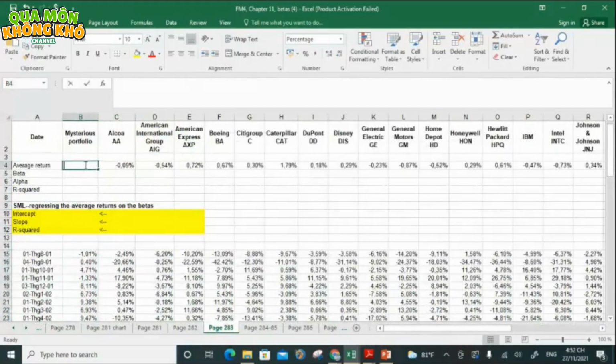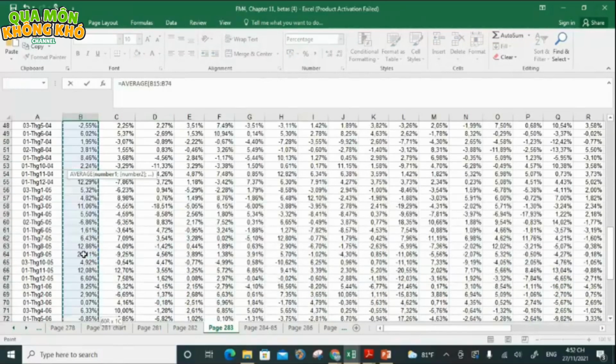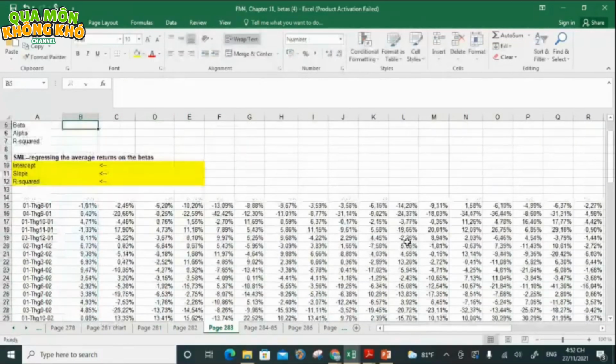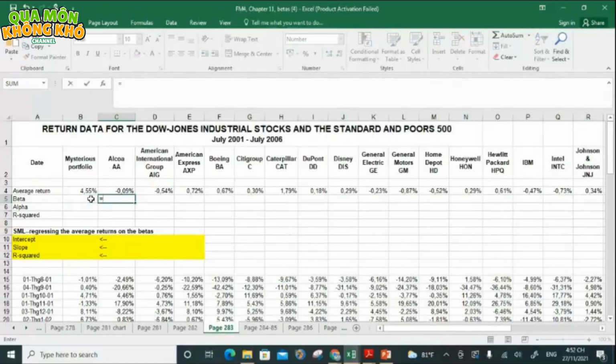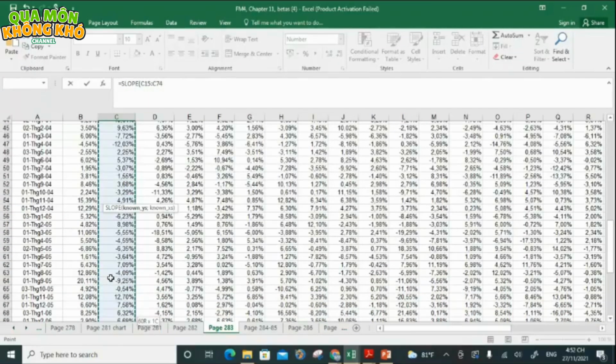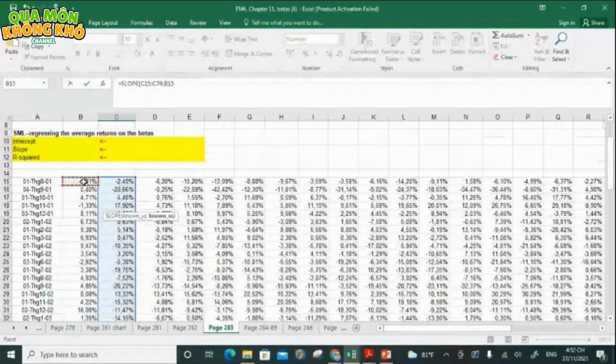Now we calculate the average return of the mysterious portfolio. And here we calculate the beta, using the slope function of this one, and we fix the mysterious portfolio.